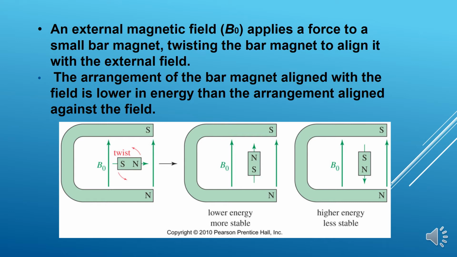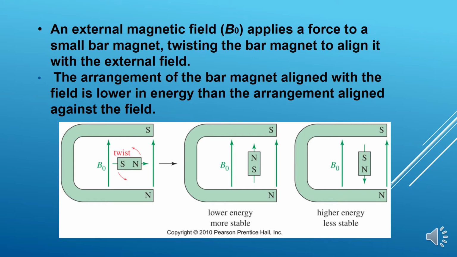Suppose we twist south to south and north to north, it requires much more energy because like poles repel each other. Therefore, flipping in that direction needs higher energy.